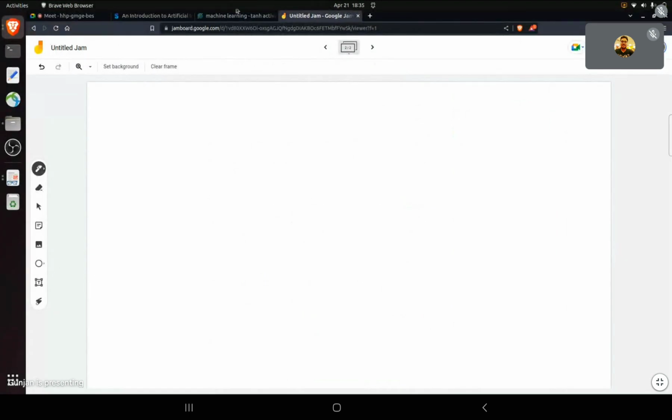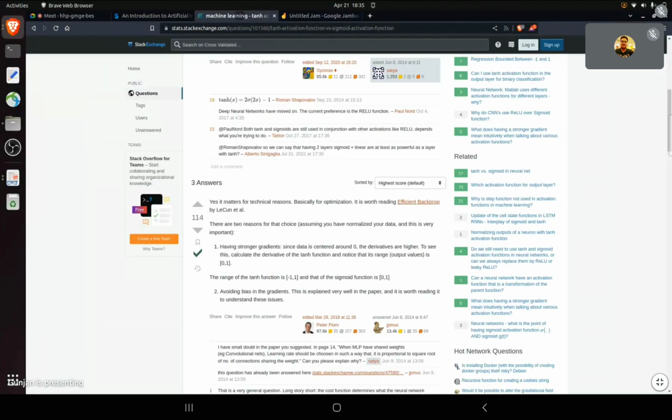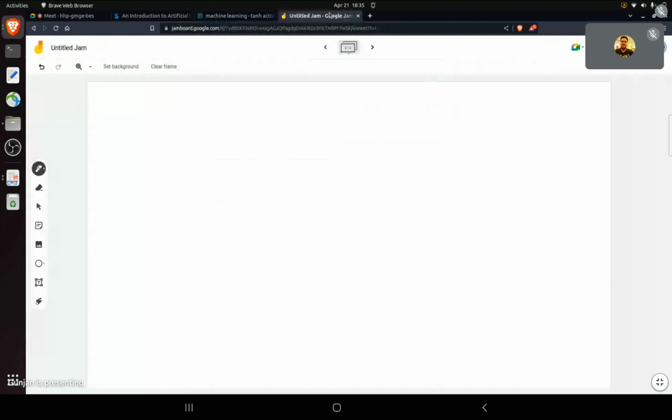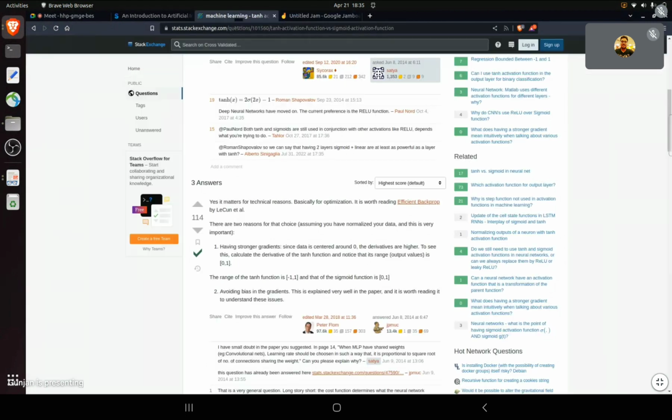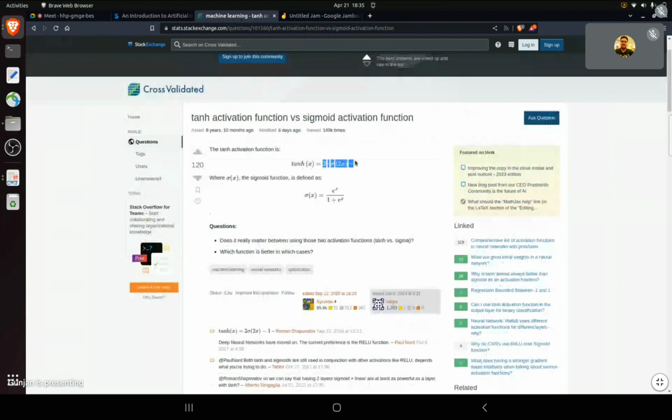Sigmoid is 1 over 1 plus e to the power minus x, right? So now the equation: tanh of x is 2 sigma of 2x minus 1. Sigmoid is 1 upon 1 plus e to the power minus x, and tanh is e to the power x minus e to the power minus x divided by e to the power x plus e to the power minus x.